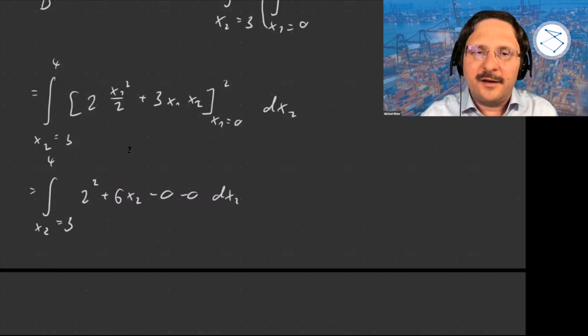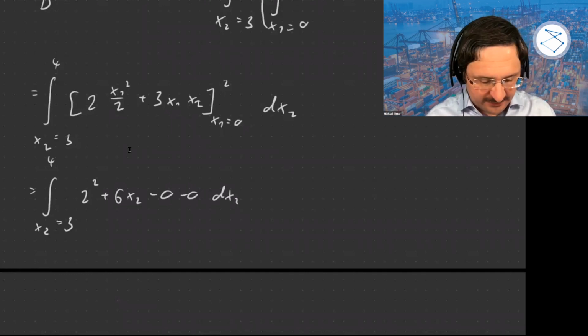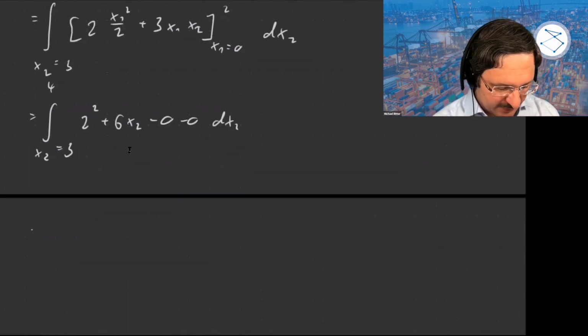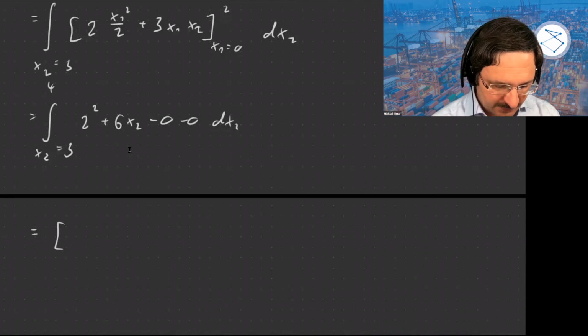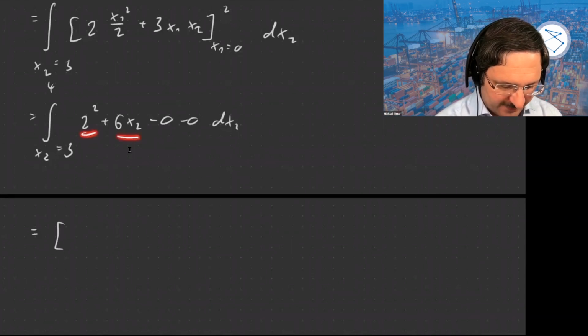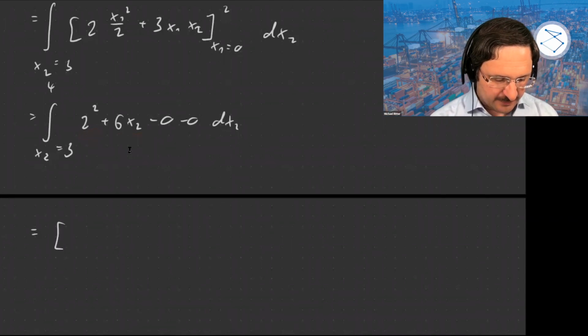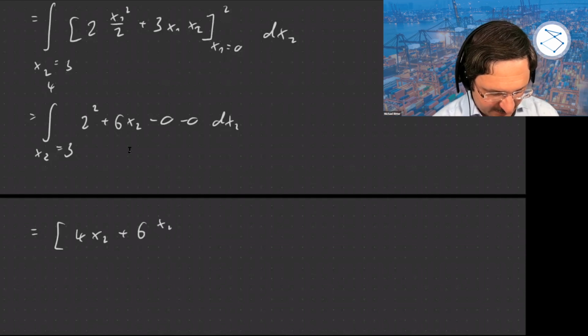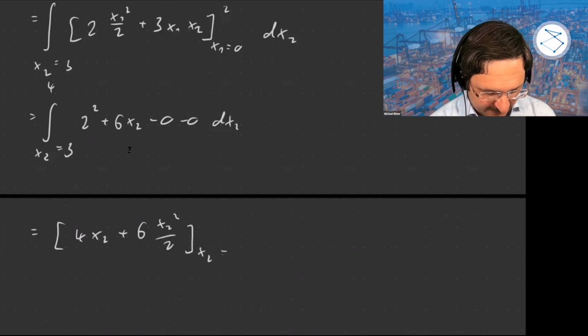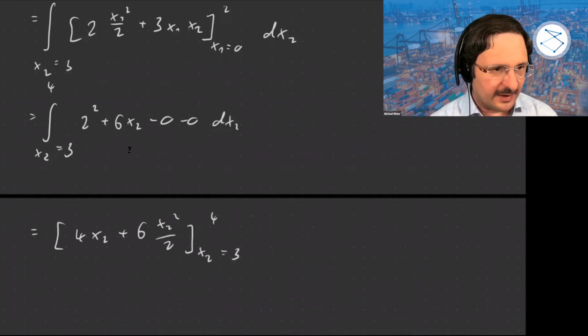And that's again an integral in just one variable, x2 this time. And we need to compute that. And that's also easy to do. So here we have 4 plus 6x2. To integrate that, we obtain 4x2 plus 6x2 squared over 2. And the bounds are 3 and 4.